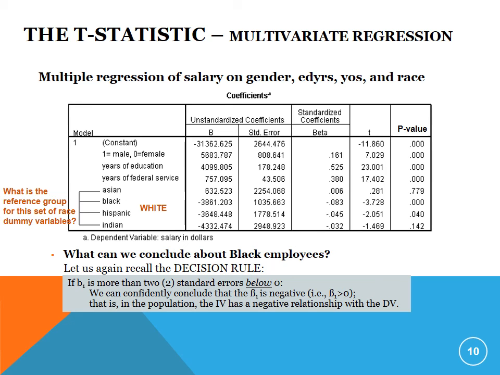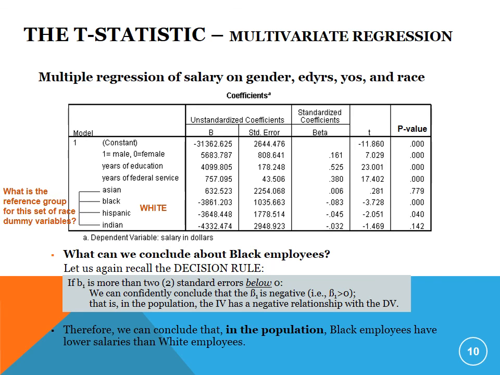That relationship is negative. We know that it's negative because we see it not just in the regression coefficient, but we see it with the T, and we see that this is a negative relationship. Specifically, that black employees have lower salaries than white employees, holding these other variables in this model constant.